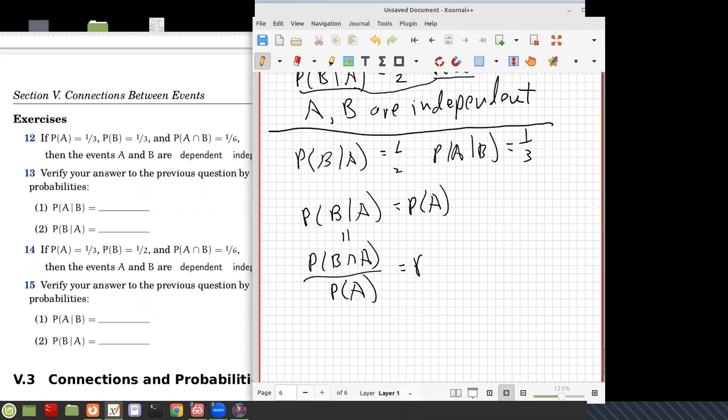And if that was equal, it's not clear, it's just some weird connection. It would mean B equals A. Not necessarily, because if B was equal to A, this intersection would be A and this would be 1, and the probability of A would be 1. So it's not clear what exactly is going on.